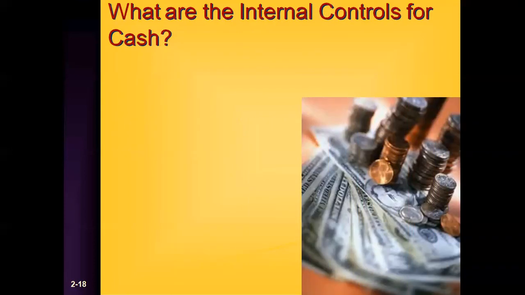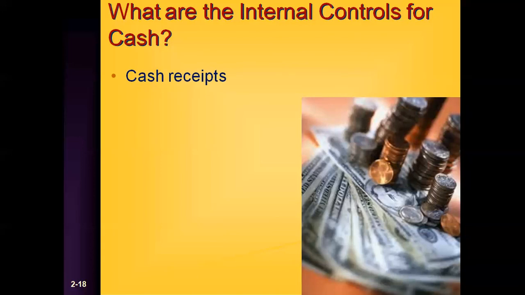One of the most important aspects of any company is their cash. As I mentioned, cash is the oxygen of a company. So if you don't have internal controls to protect your cash, you've got some big problems. So what are the internal controls for cash? The first is cash receipts.